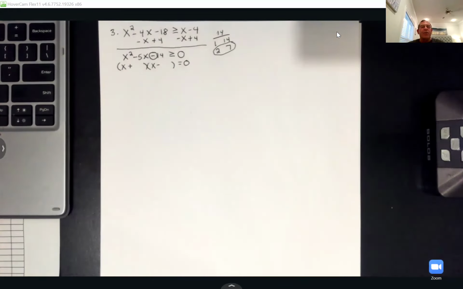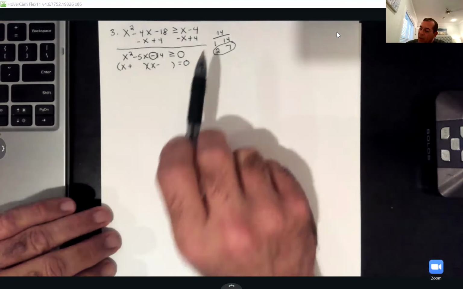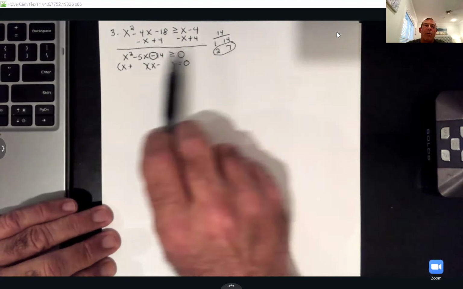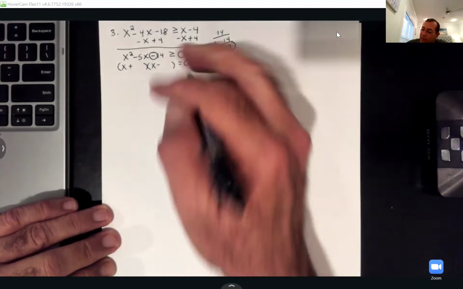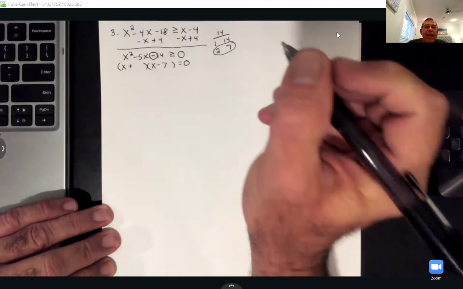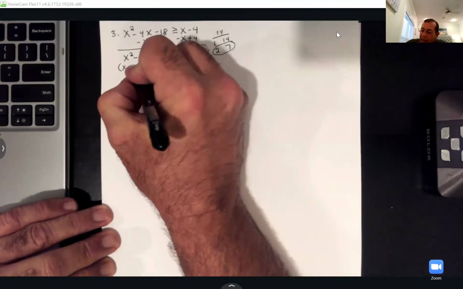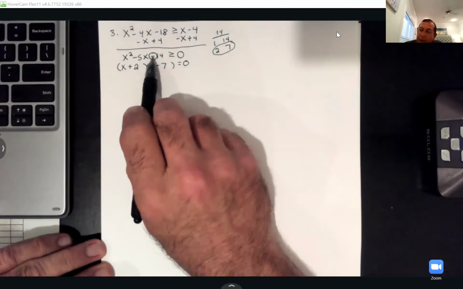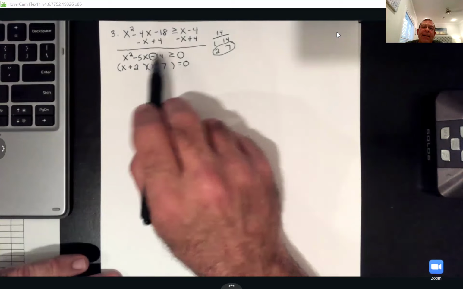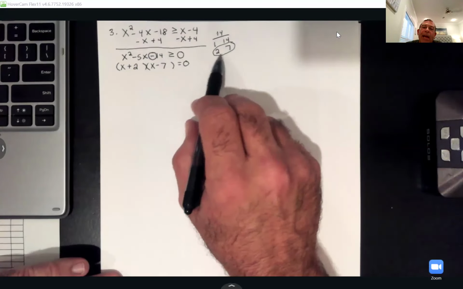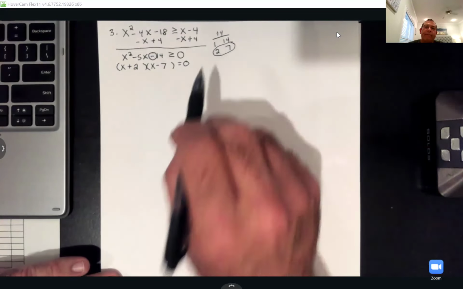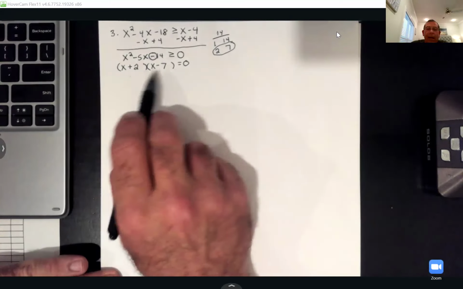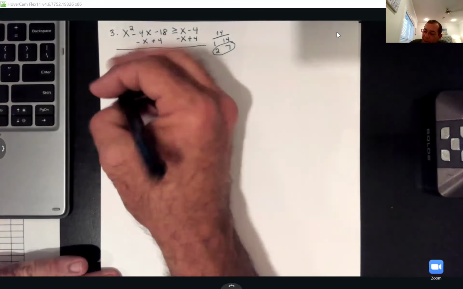So that's 7 and 2. Now also, the larger number will have the same sign as the middle. So the 7 is negative and the 2 is positive. And y'all really want to focus on the last sign to determine whether these are adding or subtracting, okay? All right, so now what? Set both these equal to 0.